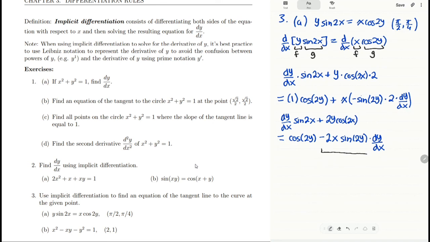So let's move this to the left-hand side, and this will move to the right-hand side. So we have dy over dx times the sine of 2x plus 2x times the sine of 2y times dy over dx, and this will be equal to the cos of 2y minus 2y cos of 2x.